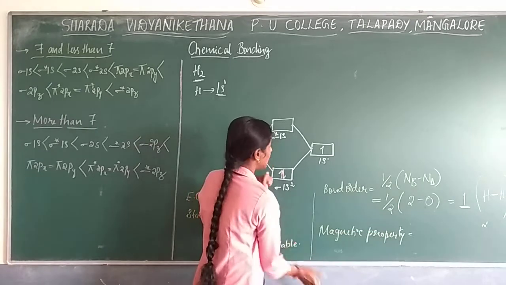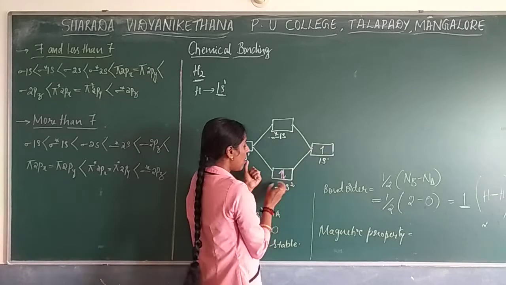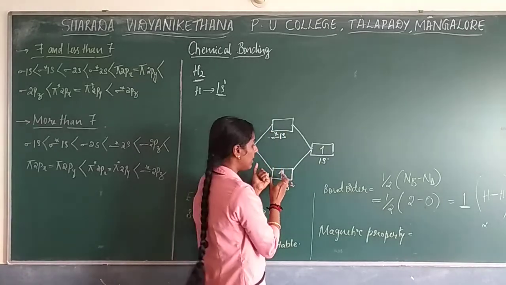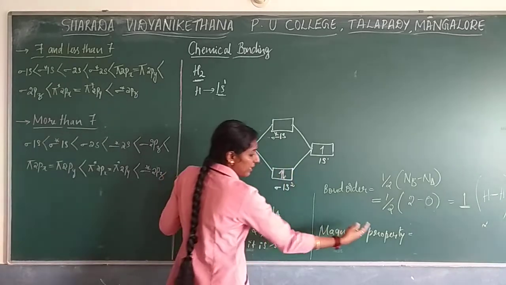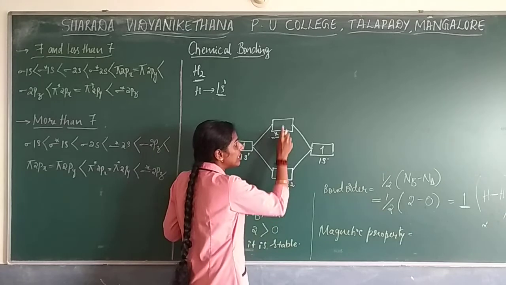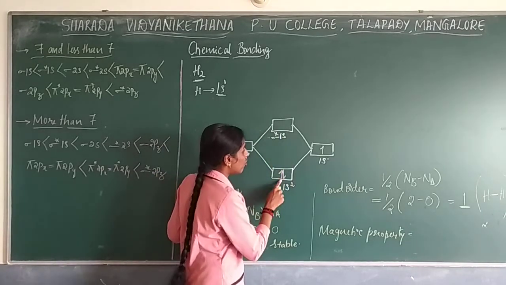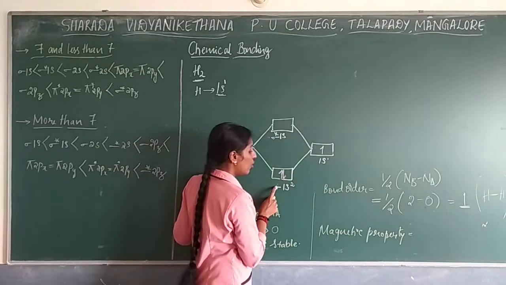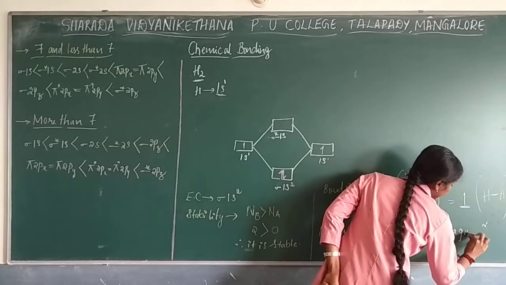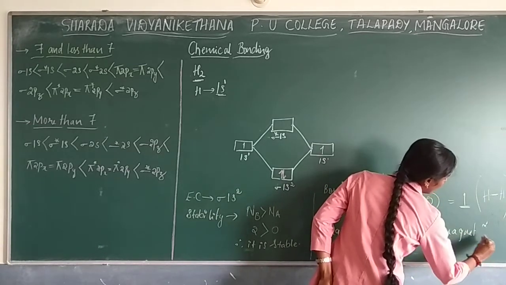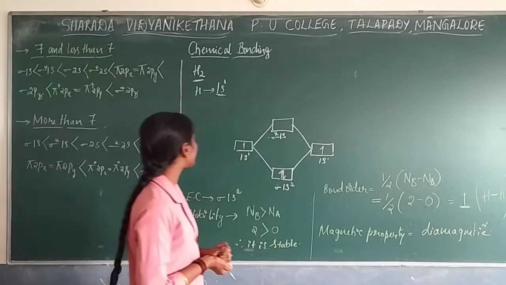To write all these things, you need to consider only this, which helps you draw the molecular orbital structure. Magnetic property is also checked with this: is there any unpaired electron? No, not even one. No unpaired electron, so paired electrons are present, and hydrogen is diamagnetic in nature.